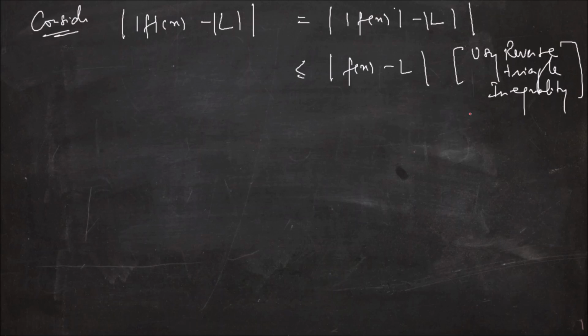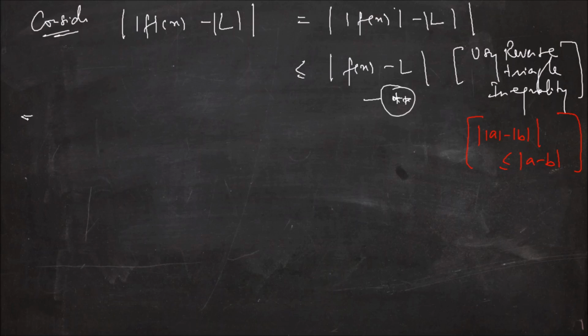Reverse triangle inequality says mod of mod a minus mod b is less than or equal to mod a minus b. So I have used this here. And this is given to be less than epsilon whenever 0 is less than mod x minus c less than delta. So mark it as double star.